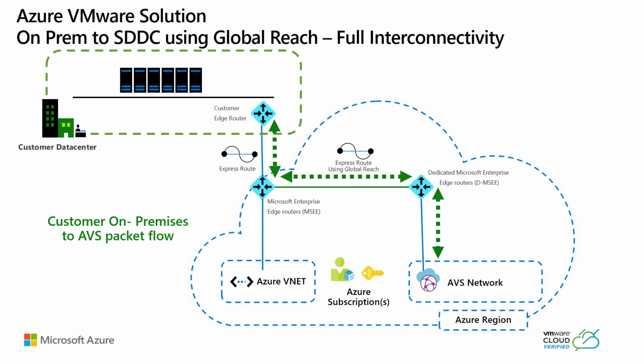You use the key and ID to establish Global Reach between an ExpressRoute circuit in your subscription and the ExpressRoute circuit for your new private cloud. The routing requirements of the solution require you to plan private cloud network address spaces so that you avoid overlaps with other virtual networks and on-premises networks. This implementation enables the following use cases: hot or cold cross vCenter vMotion, and on-premises to AVS cloud management access.